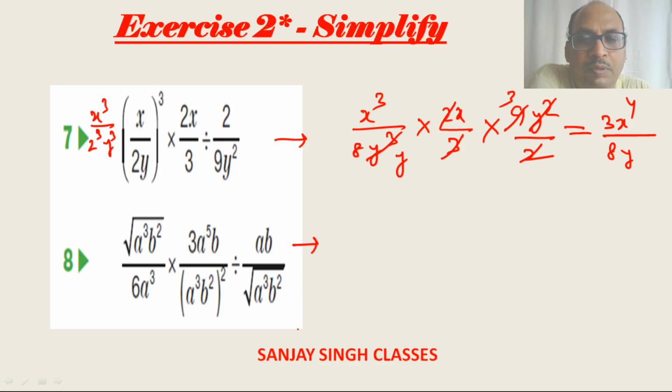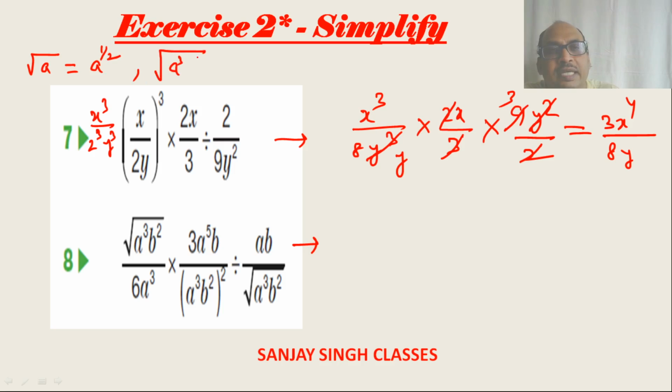Now this one, root a cube b square. Okay, if it is root a cube b square, so I will tell you that if a is there, so we can write the root as a to the power 1 by 2. That's why it is called square root. Also, if a cube is inside it and it is square root, then we can write it as a to the power 3 by 2. So how has 3 by 2 come?